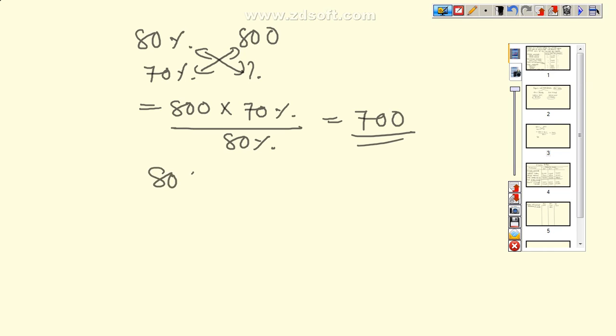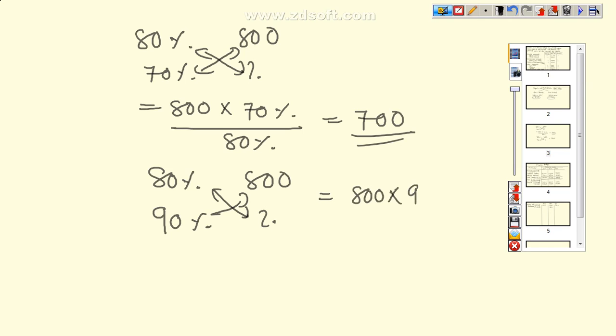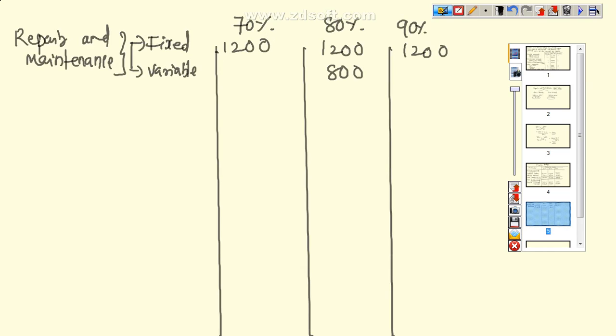So 80% answer we know, that is 800. How to calculate for 90% capacity? Simple cross multiplication, that is equal to 800 multiplied by 90% upon 80%, that is equal to 900. So we write it in this table. For 70% capacity it is equal to 700, and for 90% capacity it is equal to 900.